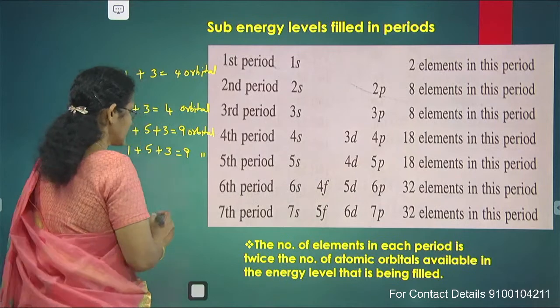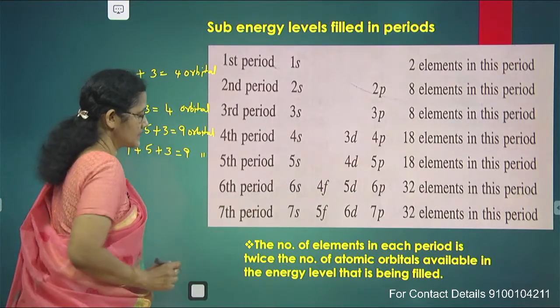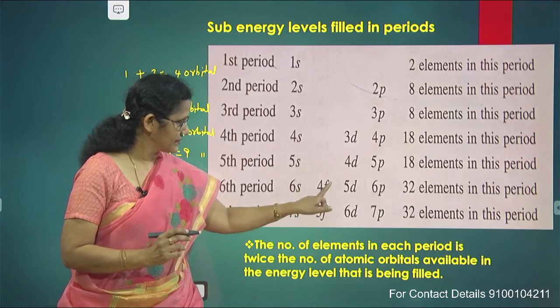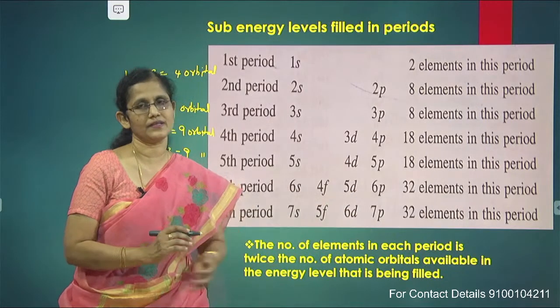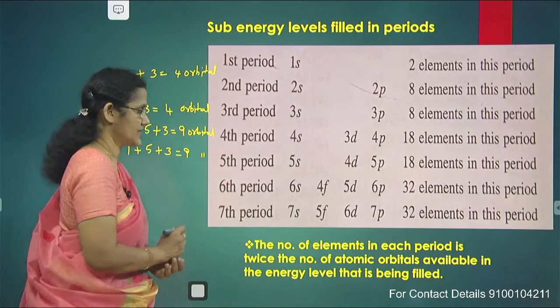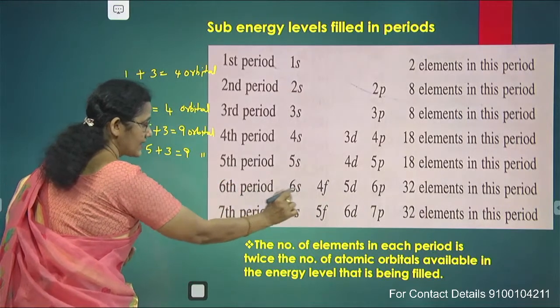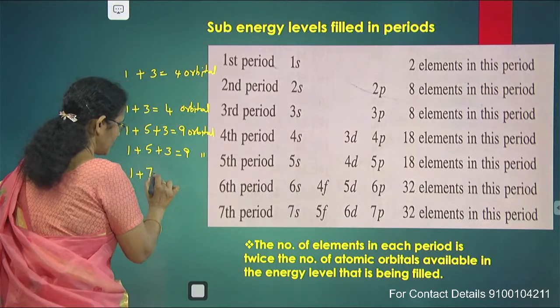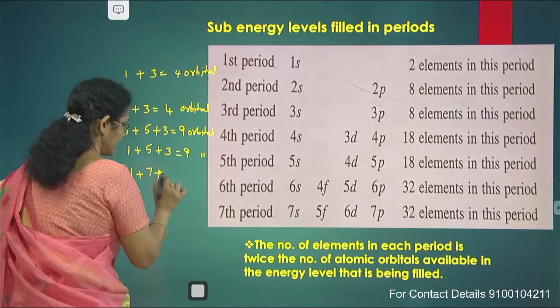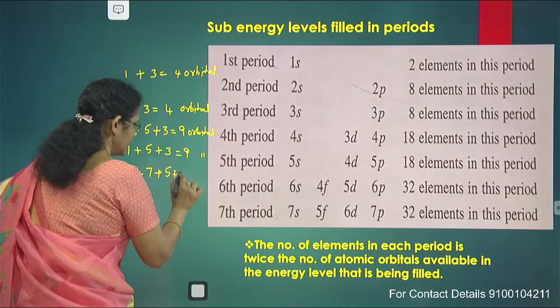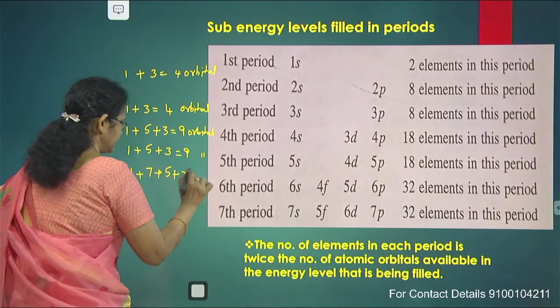If I take the 6th period, what is the order of filling? 6s, 4f, 5d, 6p, right. 6s, 1 s orbital, 4f, there are 7 f orbitals, then 5d, 5 d orbitals, then 6p, 3 p orbitals.